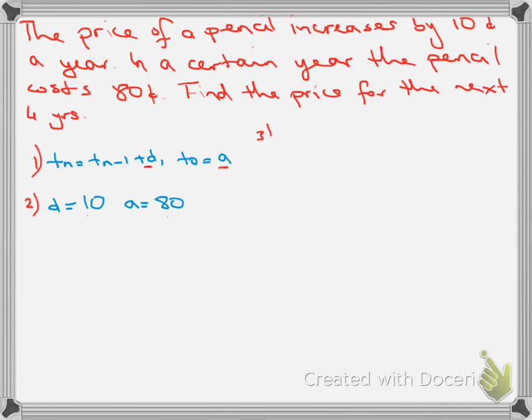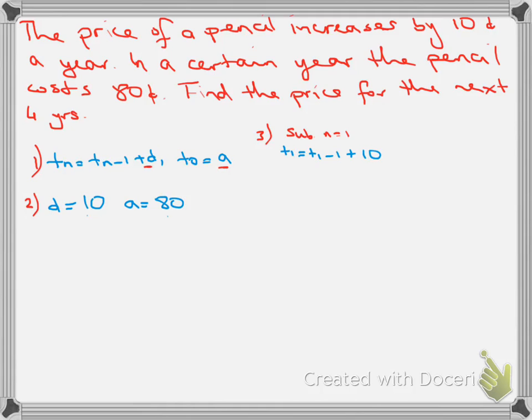What you need to do from there is work it out just like we've done before. So if we write step number 3 here on the side, we'll just go through the first example, finding T1, because the rest I'm sure you can do. The very first thing that we need to do is substitute, just like before, n equals 1. So whenever you see an n in your equation, you substitute it with the number 1. So what we have left is T1 equals T1 minus 1 plus, in this case, 10, because that's what our D is.